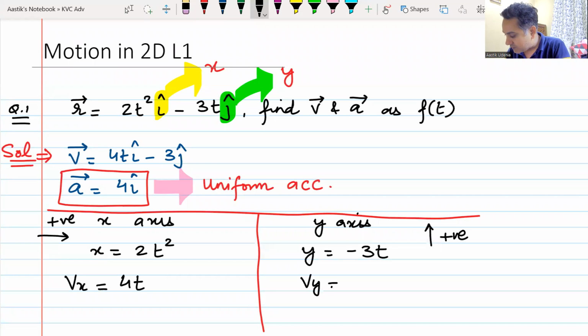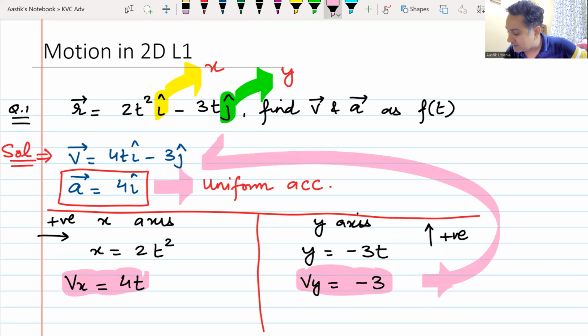Similarly, the y component of velocity would be minus 3. Combining these two, I will get the velocity: 4t i minus 3 j. Am I clear?